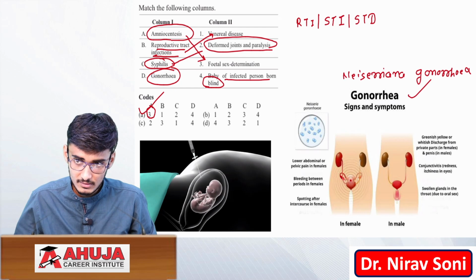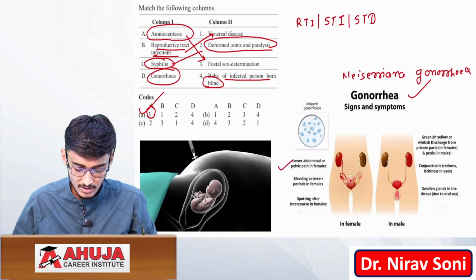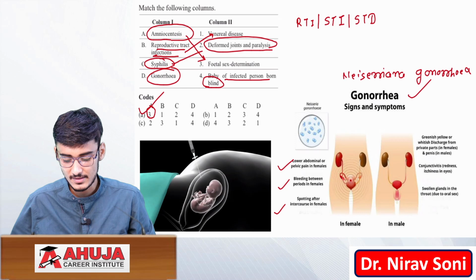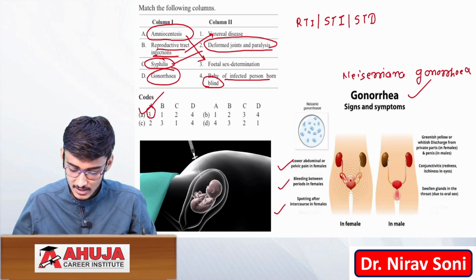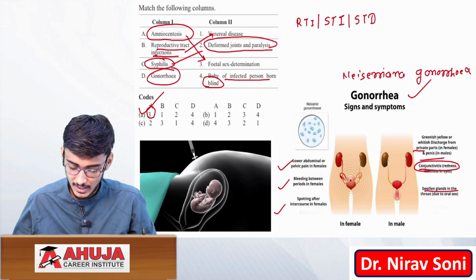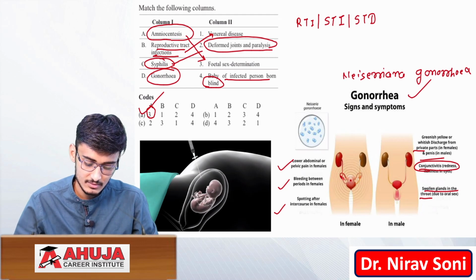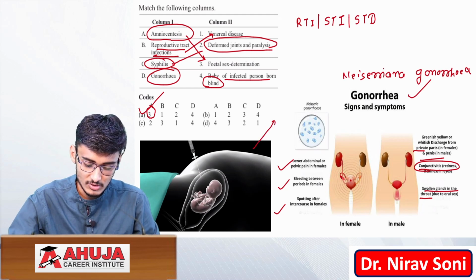You can see the different types of signs and symptoms: lower abdominal pain in the pelvic region, bleeding between the periods in females, spotting after intercourse in females, greenish yellow white discharge from the private parts and penis, conjunctivitis related to inflammation in your eyes, swollen glands in the throat due to oral sex. This is the figure related to amniocentesis.